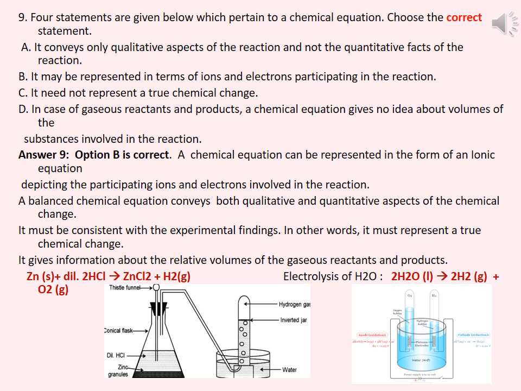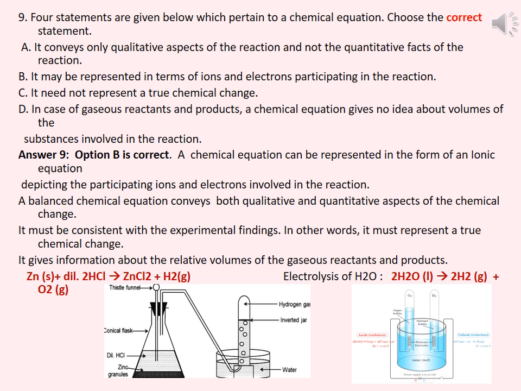B. It may be represented in terms of ions and electrons participating in the reaction. C. It need not represent a true chemical change. D. In case of gaseous reactants and products, a chemical equation gives no idea about volumes of substances involved in the reaction. So, out of these four options, which one is correct?